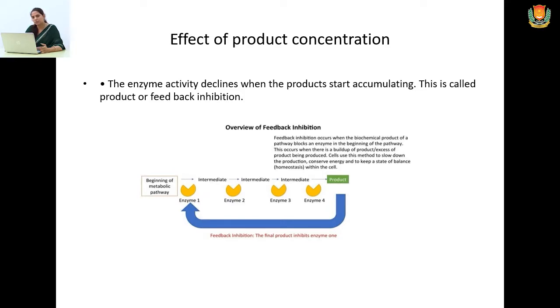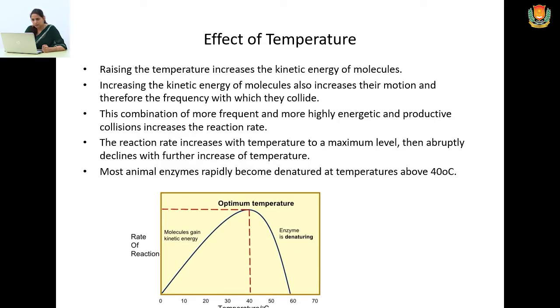If the product is accumulating, that product may inhibit the first enzymatic activity. This is known as feedback inhibition. So if the product is accumulating, that will decline the enzymatic activity. Next factor is the effect of temperature.